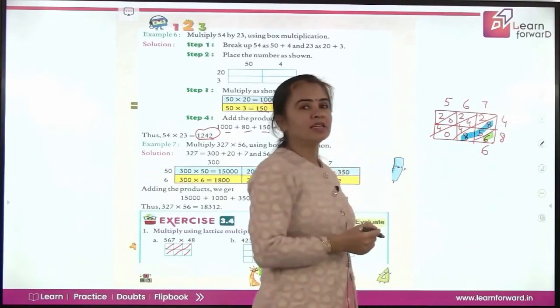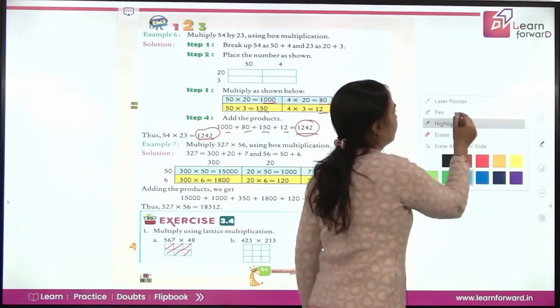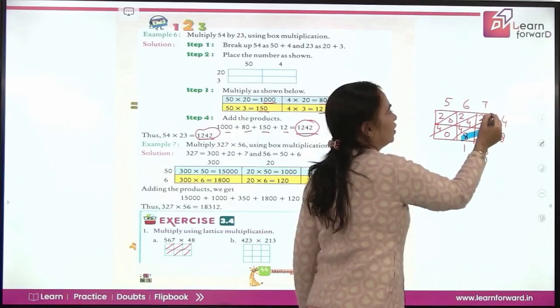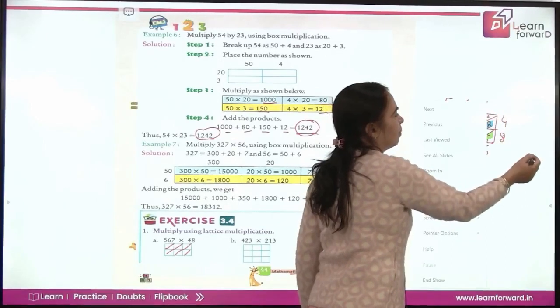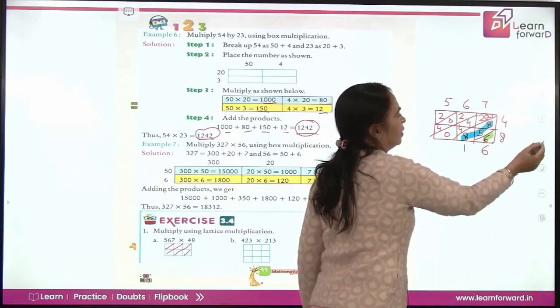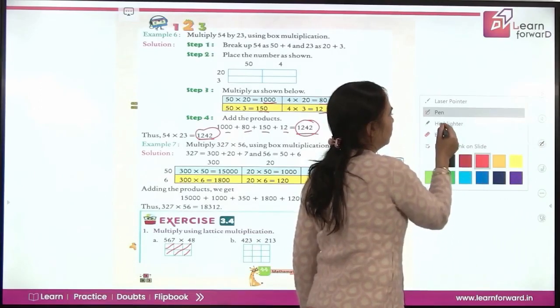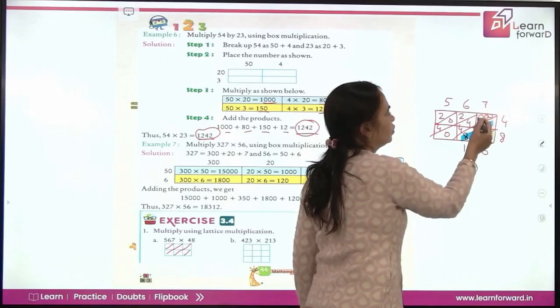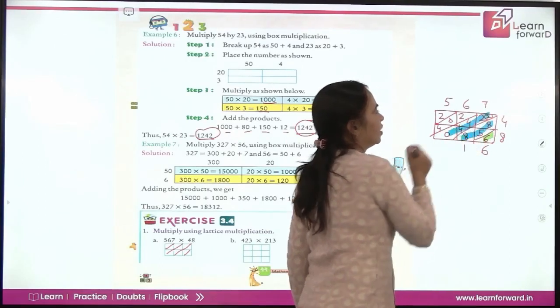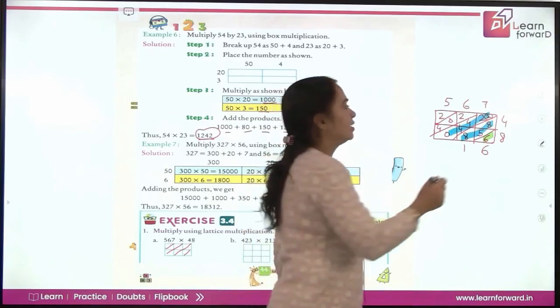How much is it? 21. So we write here only 1 and we carry over 2 here. Now coming to next, you have 2 here. Now the next slant, what does it say? This is 2, 4, 4 and 2 carry over. So what do you get in this? It is 12.